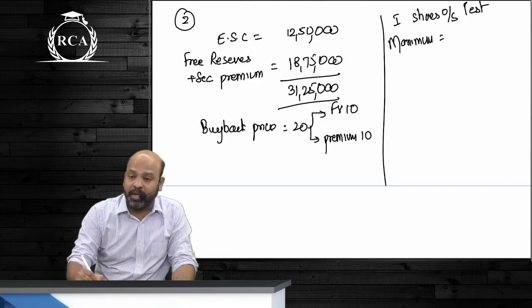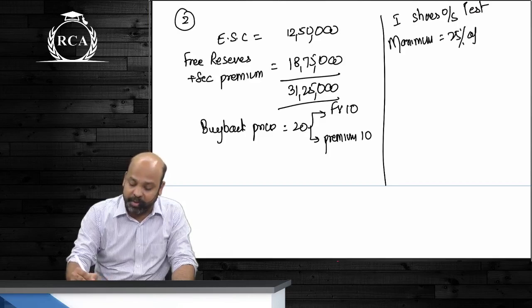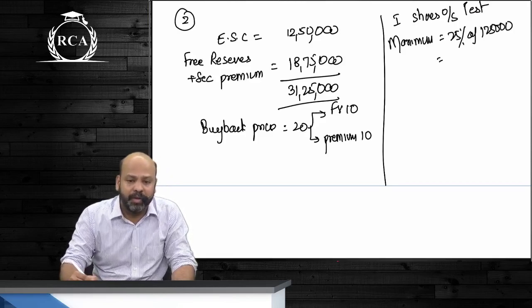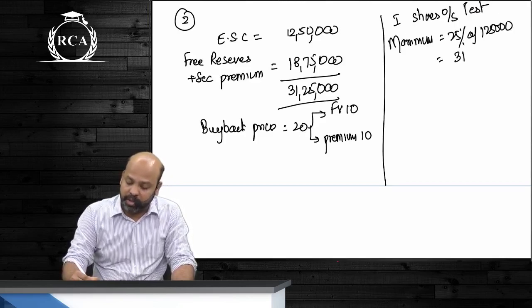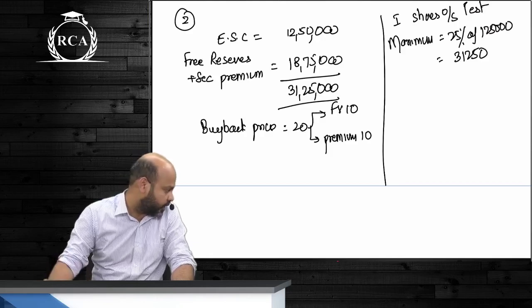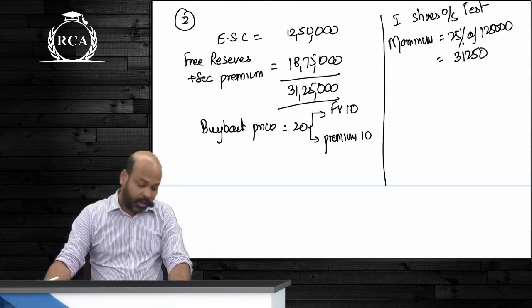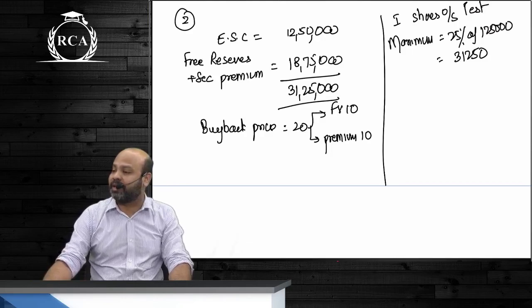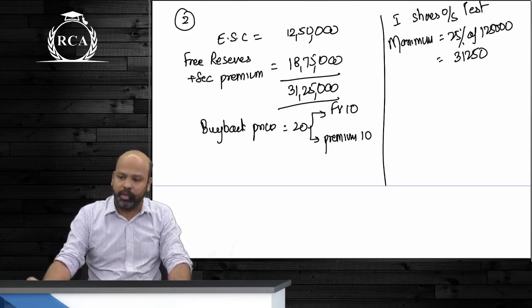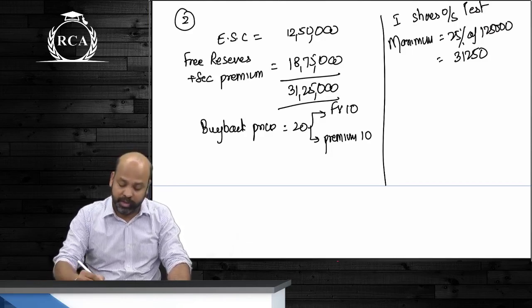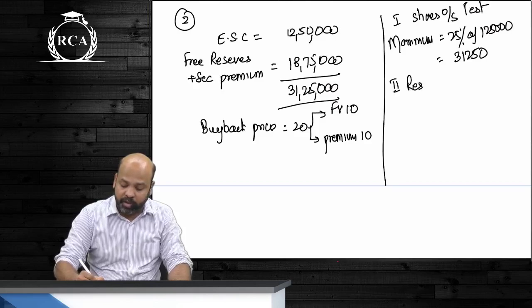You will be able to buy back only 25% of 1,25,000 shares. How much will that become? 31,250 shares. According to the shares outstanding test, we can buy back 31,250 shares.